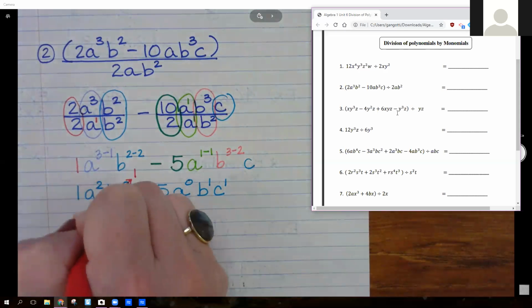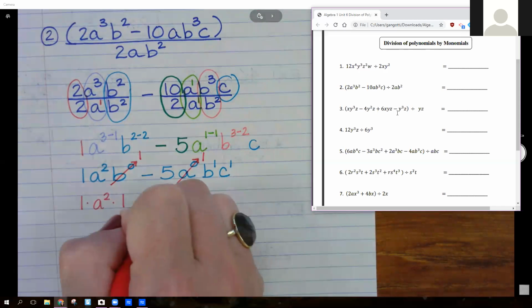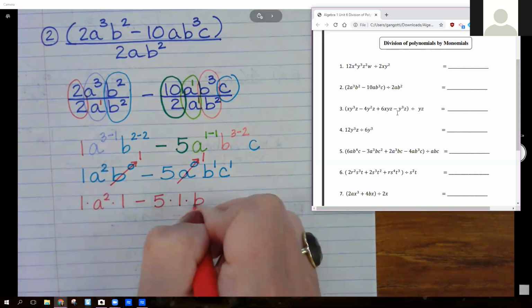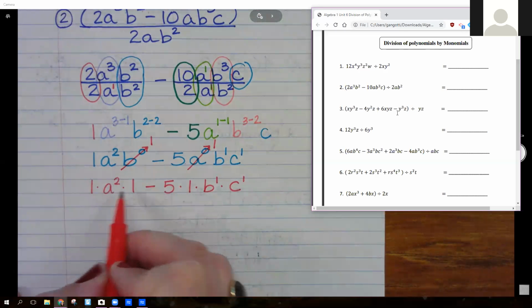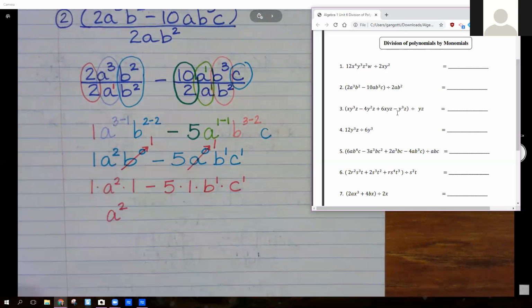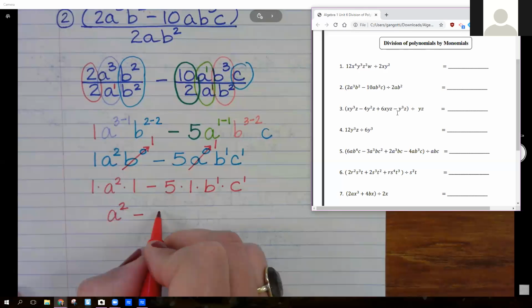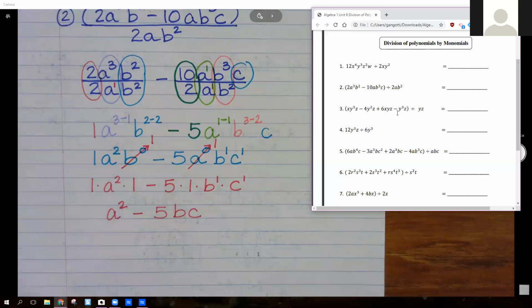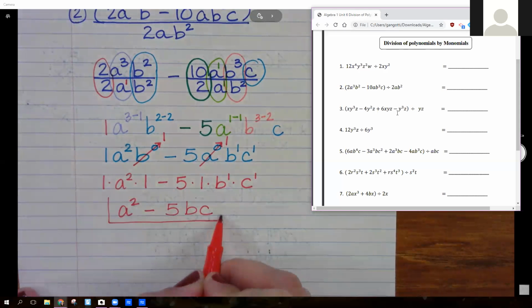So this would be like 1 times a squared times 1. This a to the 0 is going to become a 1. So this will be 5 times 1 times b to the first times c to the first. So 1 times a squared times 1 is just a squared. Minus 5 times 1 is just 5. And then b, c. Okay? So that's number 2.